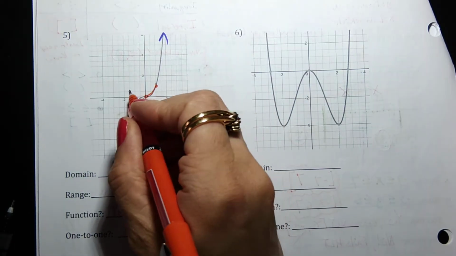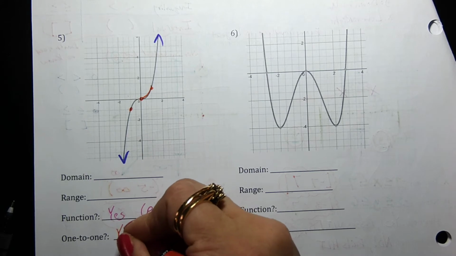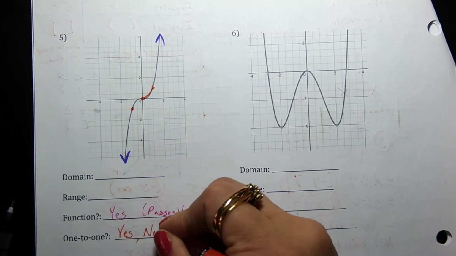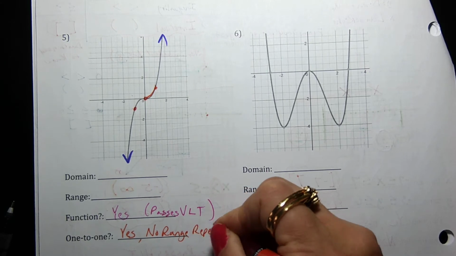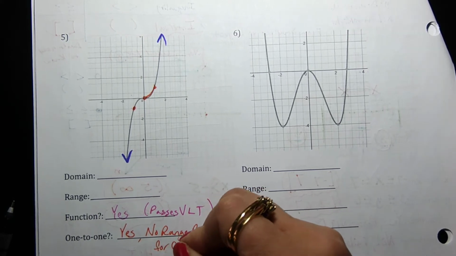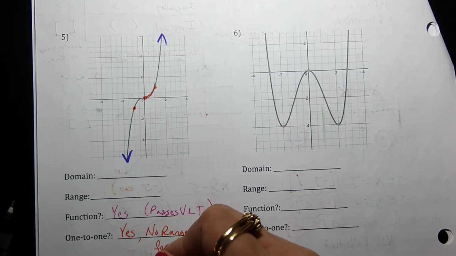There's no y value match on the other side, so this would be 1 to 1. There are no range repeats for cubics. In fact, for cubic functions, it's one of those special ones that it is 1 to 1, and it is also a function. And you can say it passes the HLT.